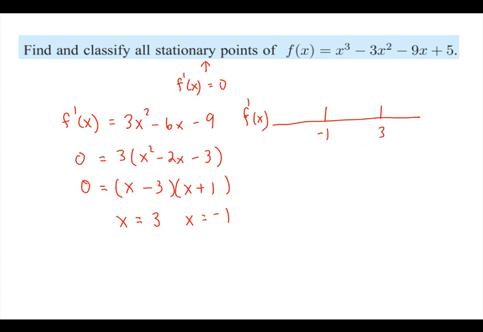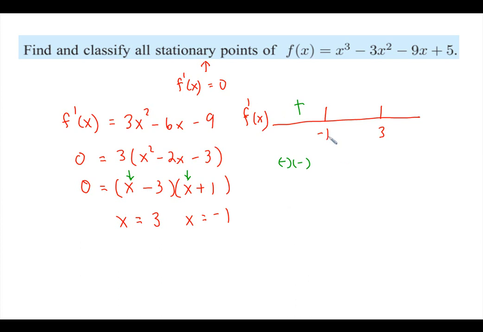To the left of negative 1, let's test negative 2. All I care about is whether my result will be positive or negative. Negative 2 minus 3 gives a negative, and negative 2 plus 1 gives a negative. Negative times negative is positive, so we have a positive here.